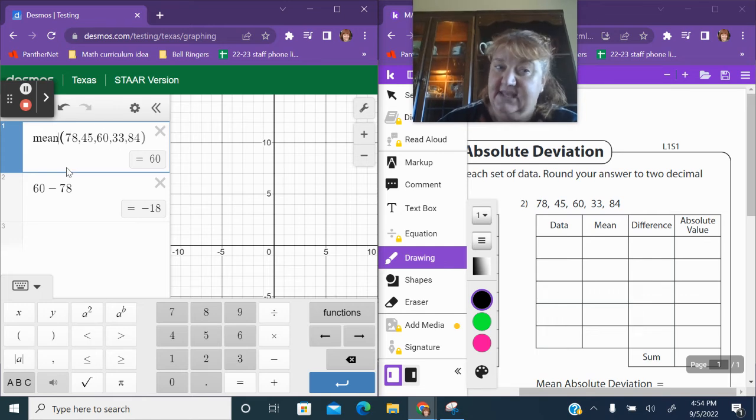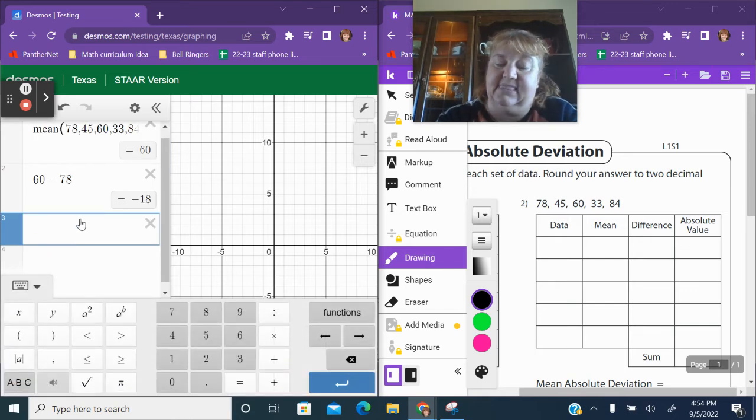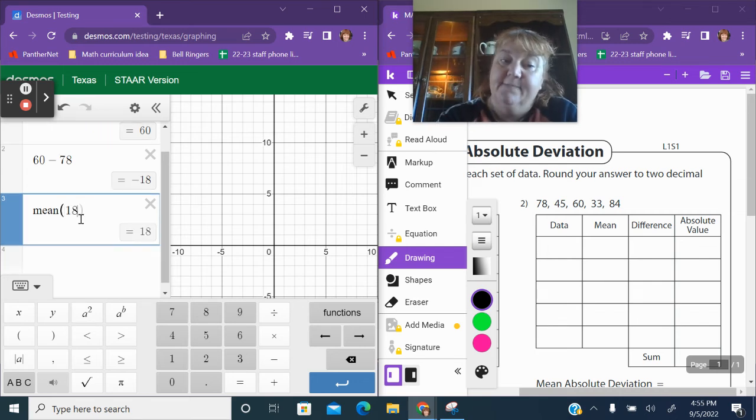Do you see what I'm doing? So 60 minus 78, and we're going to get the mean of the absolute differences. So 60 minus 78 is 18. Again, it's negative 18, but we're taking the absolute value.